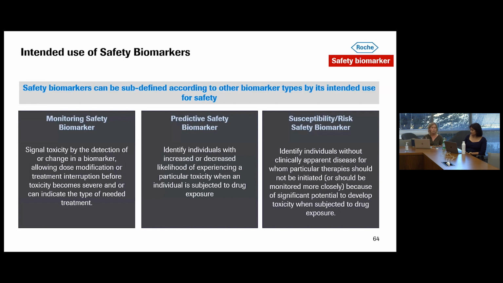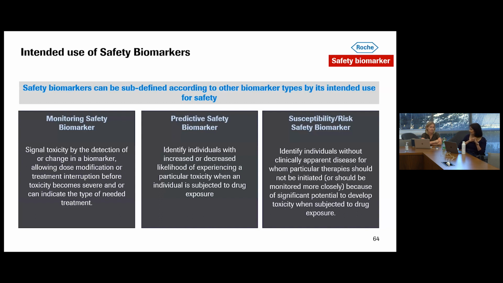Our safety events are more rare than our efficacy events, which makes it very difficult to actually establish novel clinical safety biomarkers. Yeah. Did you want to add to that? You know, the thing with safety biomarkers is oftentimes, at least in oncology, patients are on multiple drugs, your drug plus chemotherapy, and it becomes really hard to ascribe a safety event to your drug.